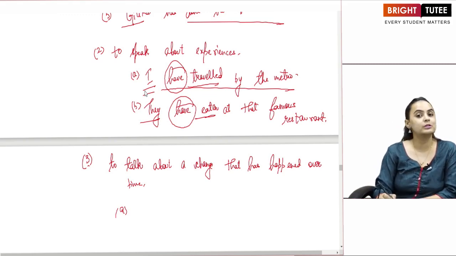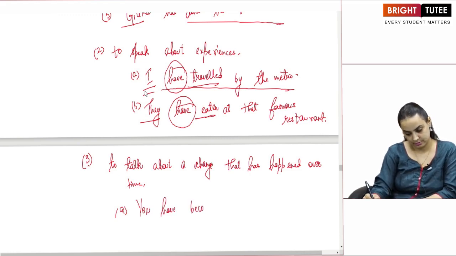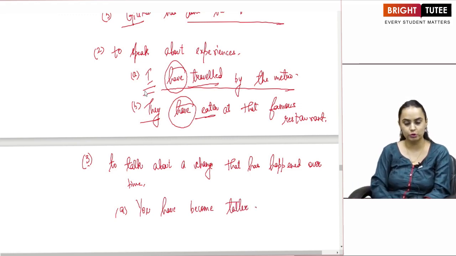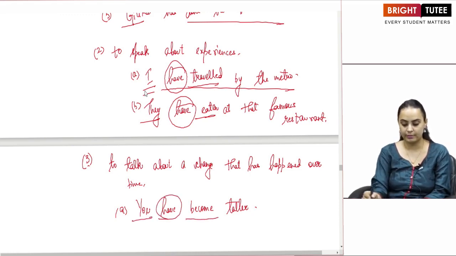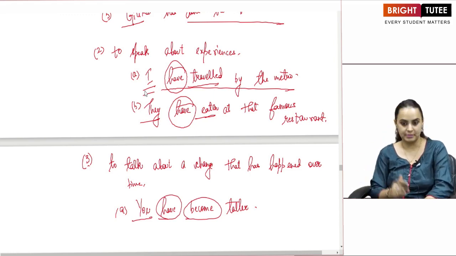For example, somebody telling you, you have become taller. This is a change that has come into you. You've become tall now. That is why have plus third form of verb. So become, became, become.